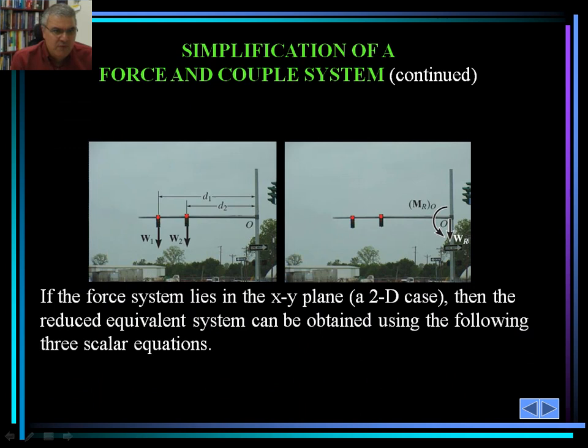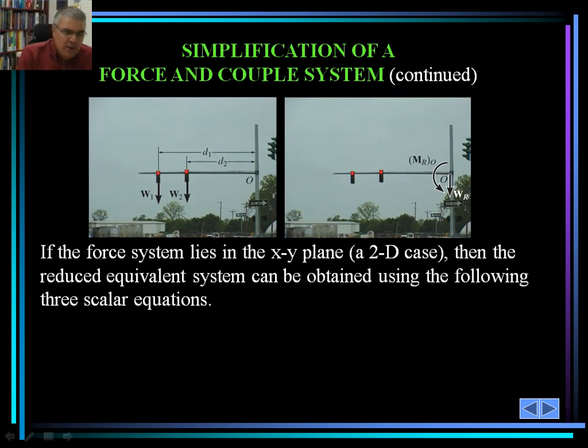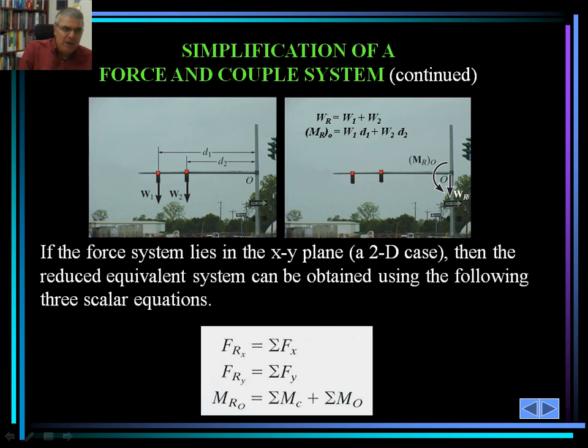So we need to, of course, follow all the rules that are associated with that. Let's take a look at the force system that lies here within the XY plane. It's a 2D case. The reduced equivalent system can be obtained using the following three scalar equations.